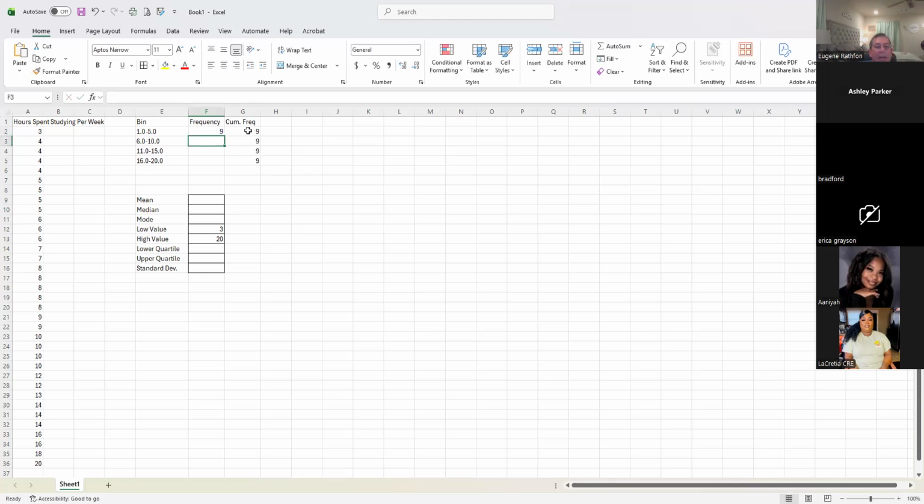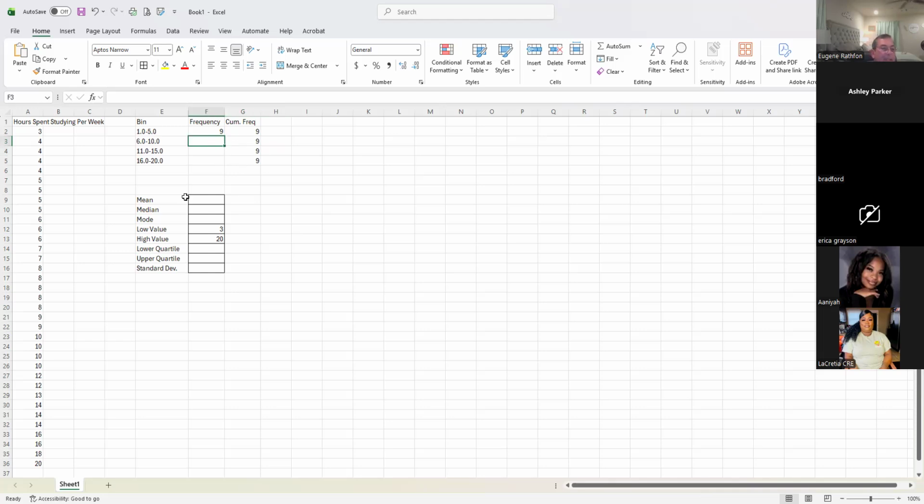Now, y'all, what I did here to get the cumulative frequency for my formula for this, I said it equaled F2 because it's going to equal the frequency from the first bin. Now, what I did as I went through, this next one will equal this frequency plus the frequency I had before. And I just kept adding and going as I went.